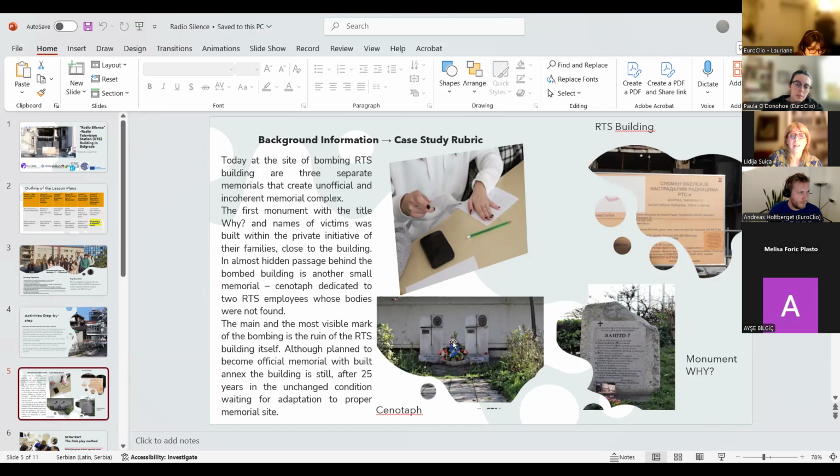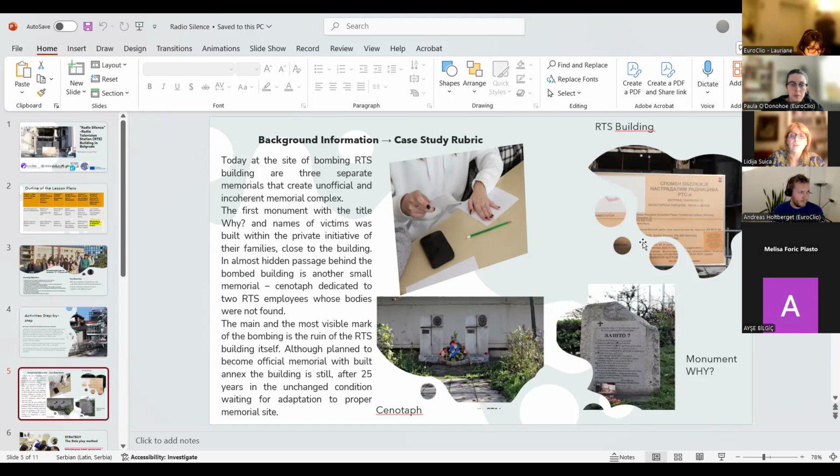This one is the second monument. It's actually a cenotaph, which means an empty tomb, dedicated to 2 people who were killed during this event. And then there is the building itself with this sign that says that this is a memorial complex.